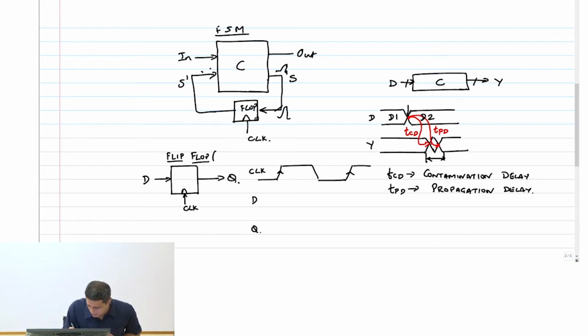This is the positive edge. That means data will be captured on that rising edge of the clock, and data will then be stable after that. So let's assume that this data changed like this.